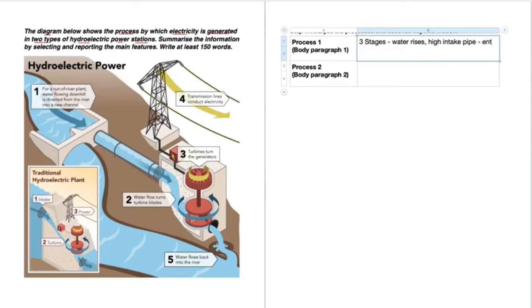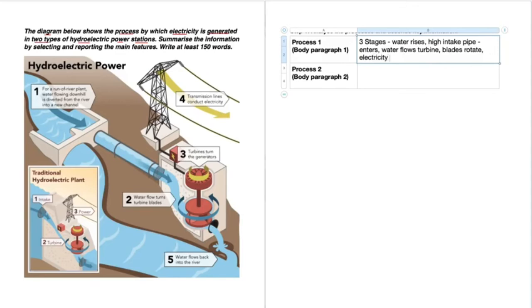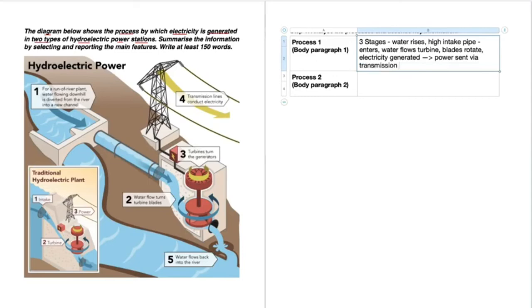Then the water flows into a turbine chamber, the blades rotate, and then electricity is generated. Then I see that the power is sent to customers with what looks to be transmission lines. So I'm just going to make that note. And that is all we really have to say for the process 1.